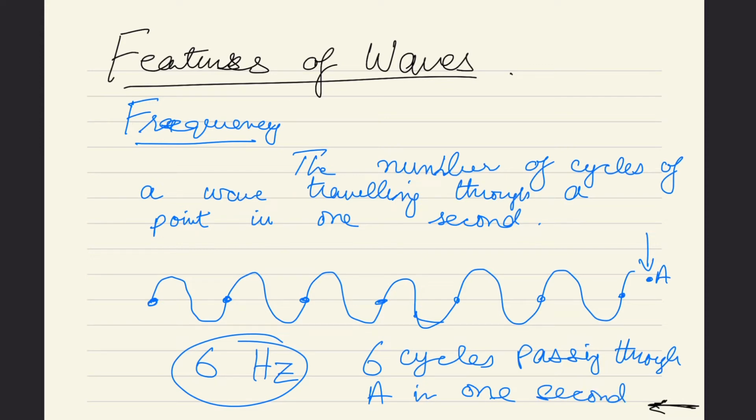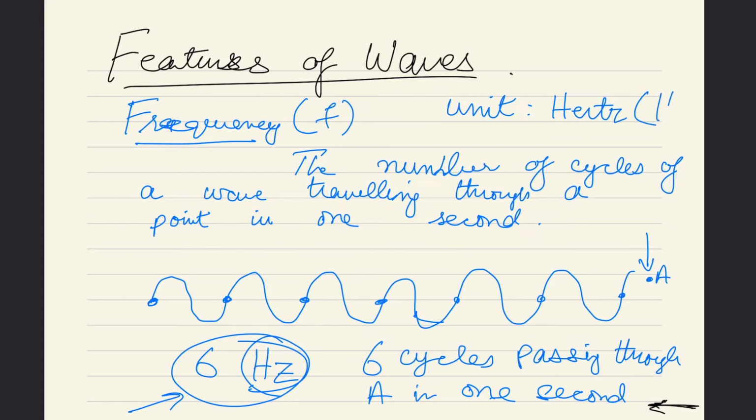So that's why the frequency is 6 Hertz. Hertz is the unit of frequency. Let me just write it down over here. We represent the frequency with small f, and the unit is Hertz. And we represent the unit with the symbol Hz. So that's how you'll explain the frequency.